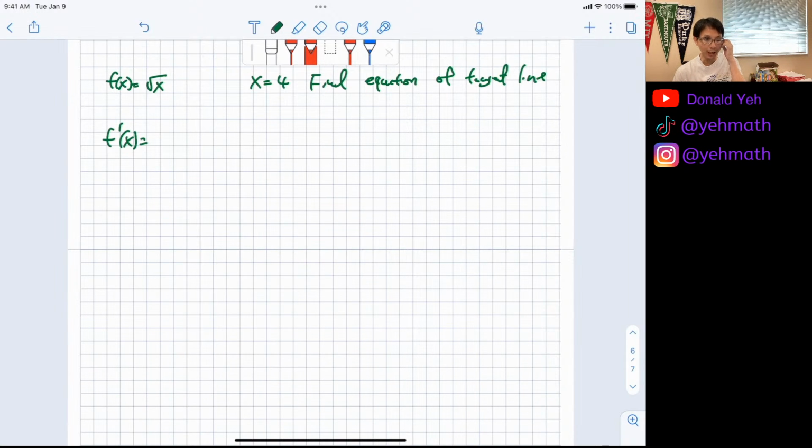Basically, you want to plug in x plus h into this x right here. So it looks like this, with the limit as h approaches 0. Did you do that? If you didn't do that, then that's the first thing you need to understand.